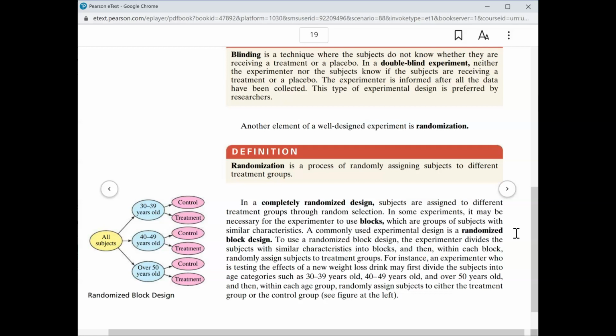To use a randomized block design, the experimenter divides the subjects with similar characteristics into blocks, and then within each block, randomly assigns subjects to treatment groups. For instance, an experimenter who is testing the effects of a new weight loss drink may first divide the subjects into age categories such as 30 to 39, 40 to 49, and over 50. And then within each age group, randomly assign the subjects to either the experimental group, the treatment group, or the control group.